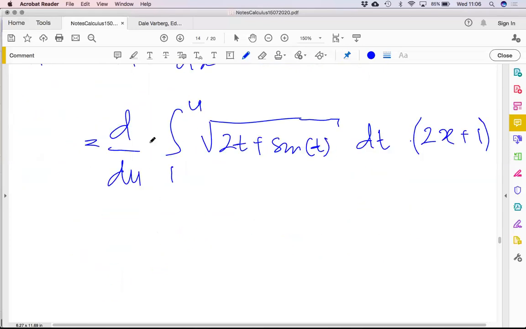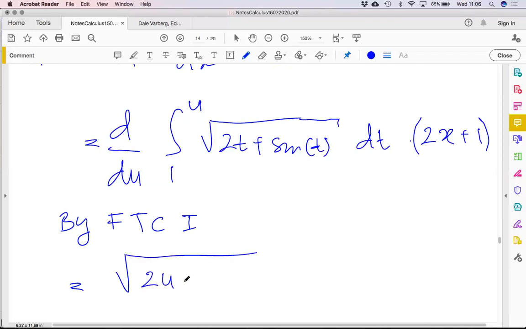Applying FTC now, the FTC is applied. By the fundamental theorem of calculus 1, we already have u and u here. We have the square root of 2u plus sin u, multiplied by 2x plus 1.